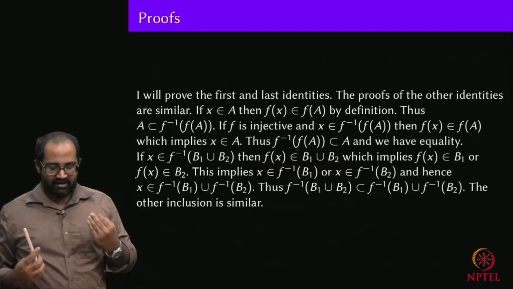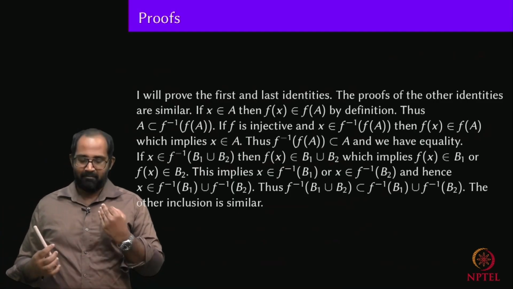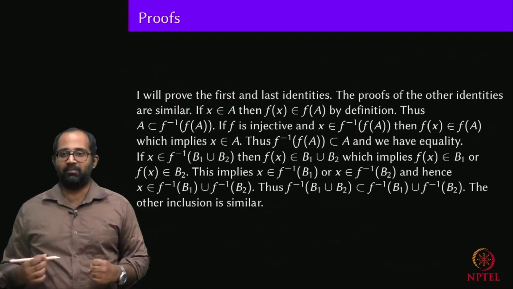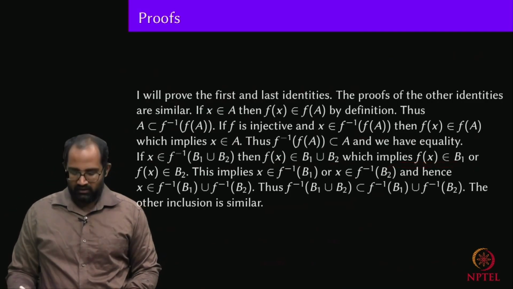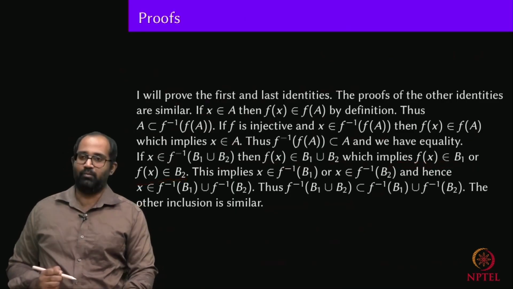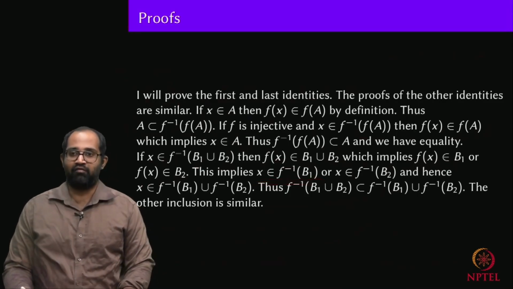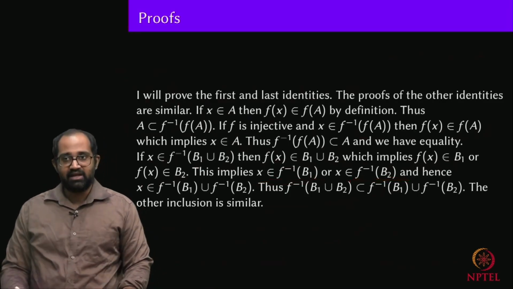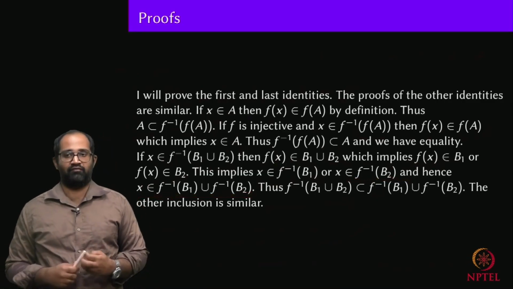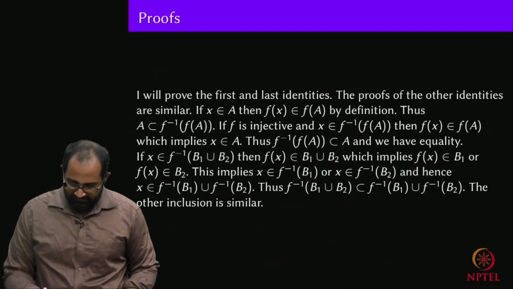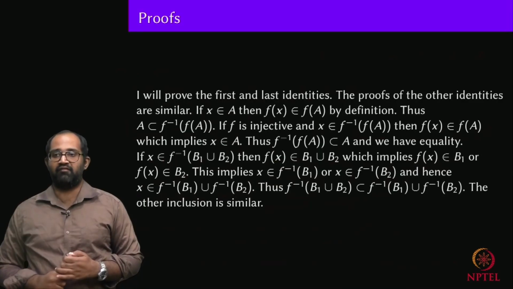The set of points in f inverse of B1 union B2 are precisely those points that are mapped by f to the set B1 union B2, which means f of x must be in B1 or f of x must be in B2, which means x must either be in the pullback of B1 or the pullback of B2, and hence x must be there in the union of the pullbacks. Thus, f inverse of B1 union B2 is a subset of f inverse B1 union f inverse B2.